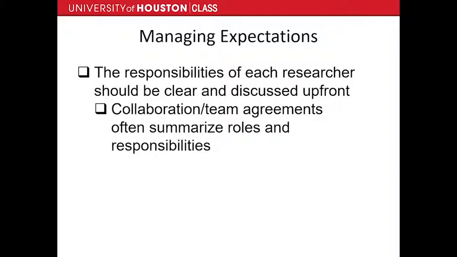And with managing expectations, expect that some adjustments might need to be made as the project progresses. Those types of things aren't necessarily set in stone once you first decide to do the research collaboration. But as the project develops and as you're funded, some things might need to be tweaked a little. So just be prepared for that.